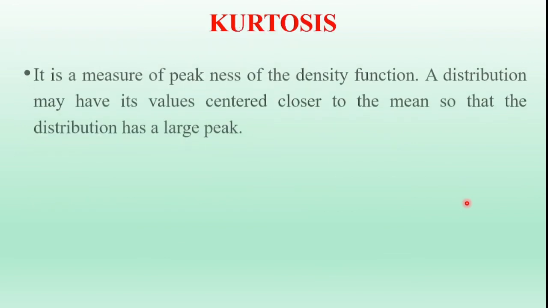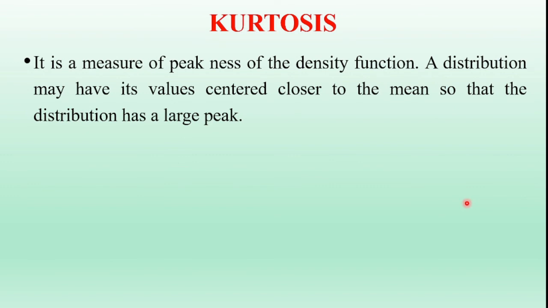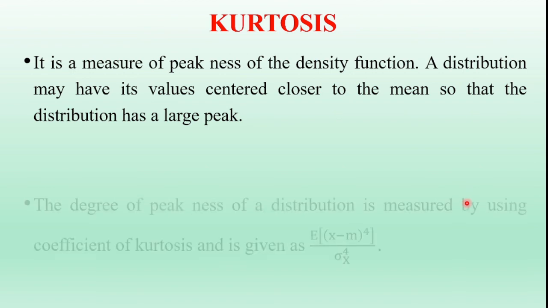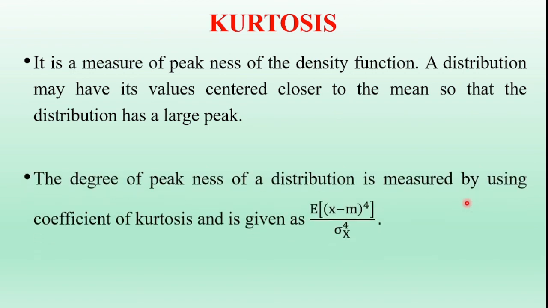Next, I am going to define kurtosis. Kurtosis is a measure of peakedness of the probability density function. A distribution may have its values centered closer to the mean so that the distribution has a large peak.